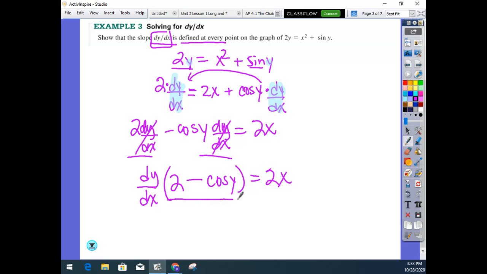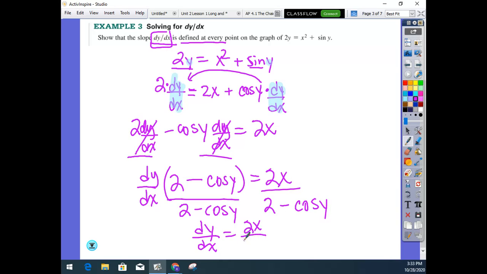So I'm going to divide both sides by this. And what the problem asks us, this is our function. This is our derivative function.